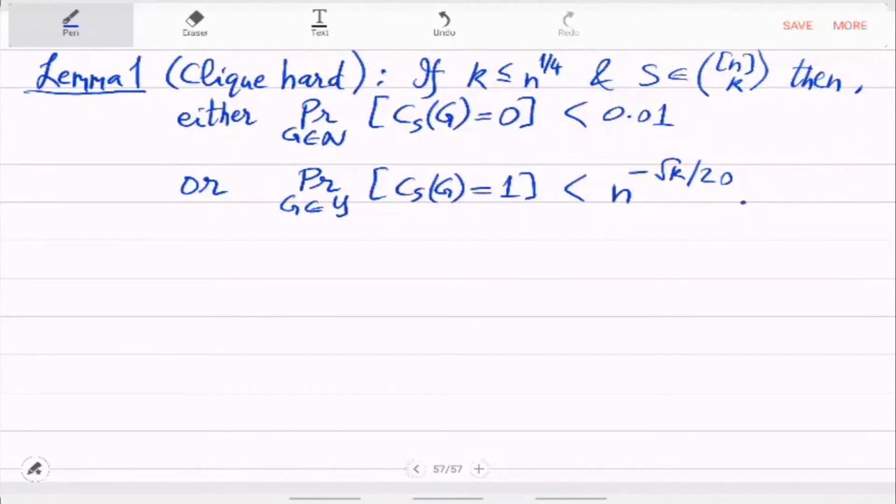Okay, so either on the no instances there will be mistake, but this mistake is only 1%, or this mistake is actually 99%, right? So on 0.99 fraction of the no instances, the answer will be 1. So this mistake is more than 99%. But in the yes instances, the probability is exponentially small. So almost everywhere it is making a mistake, right? So the second thing is a bigger problem, which shows that clique is actually hard for OR of indicators.